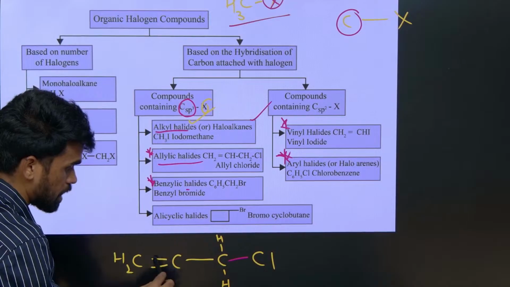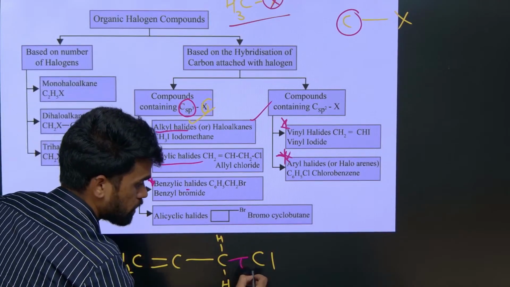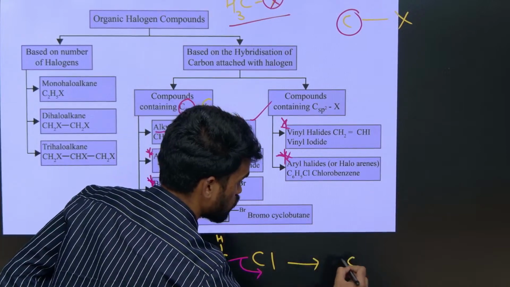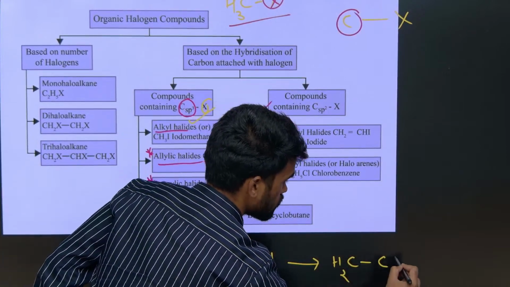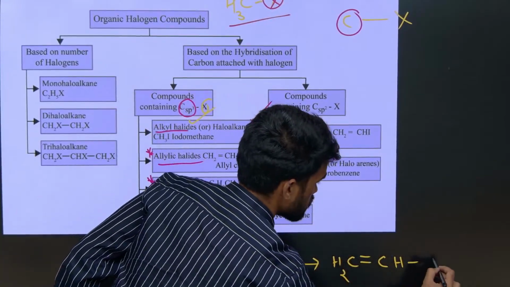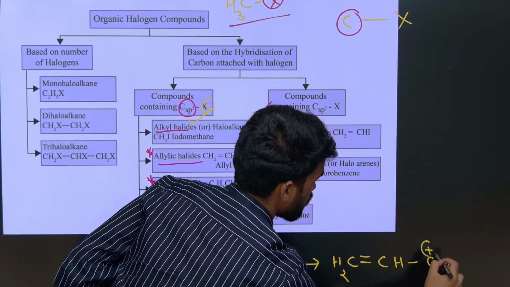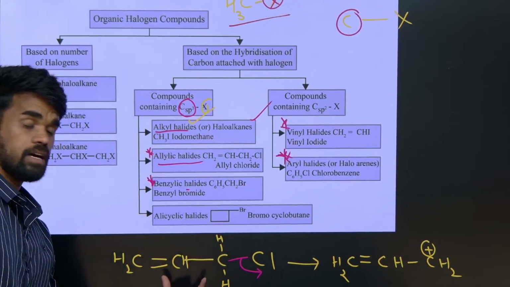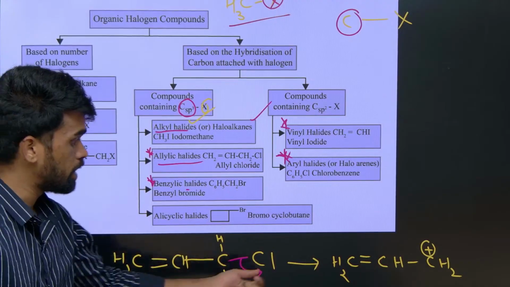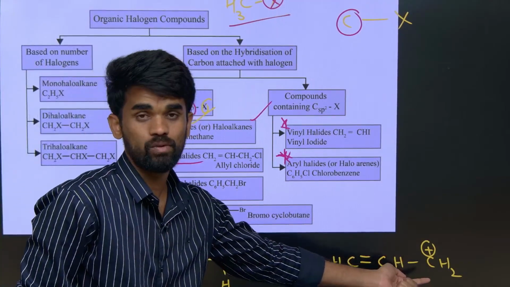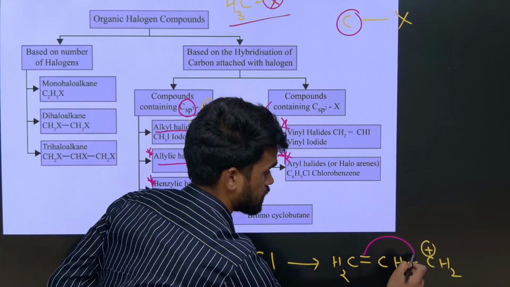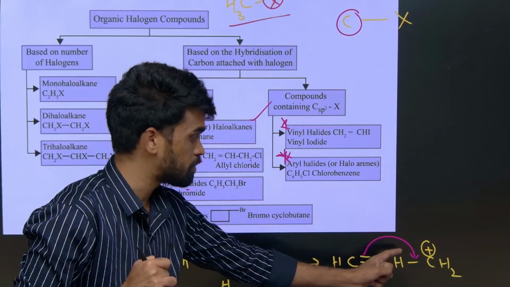If I remove this chlorine, we will get a stable carbocation, that is CH2=CH-CH2+. This kind of carbocation we are getting now. This species is called allylic chloride, allyl chloride. This is called allyl carbocation, which is stabilized by this conjugation.